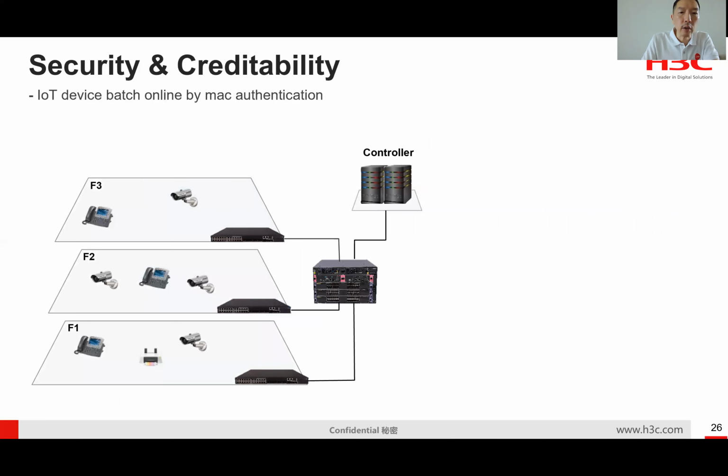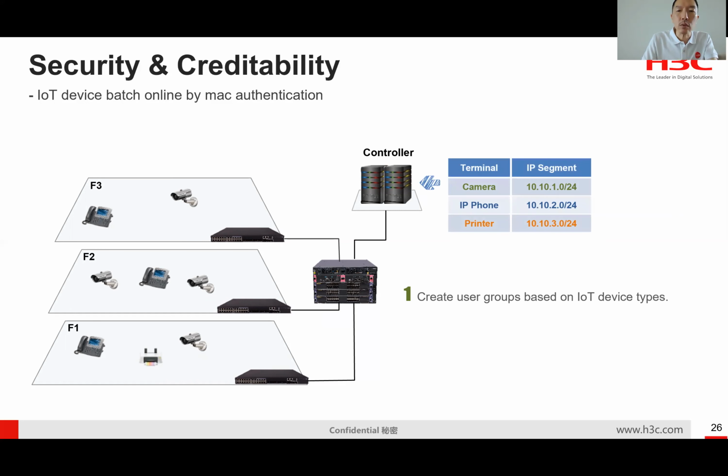Here we are talking about the IoT devices, and for these we can use batch onboarding. That means you have, say, 100 IP cams, 1,000 IP cams, or hundreds of IP phones. You don't need to configure one by one or do very complicated configurations. You just need to create a user group based on your IoT devices, in terms of the MAC address range and IP address range.